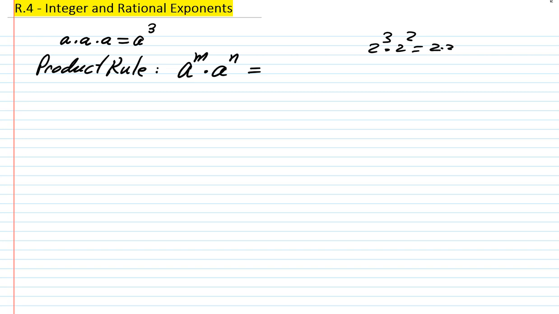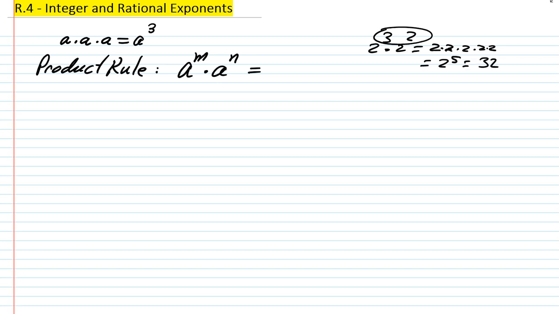One way to get the product is to actually write them out. We can list them like that. 2 cubed means 2 times itself 3 times, 2 squared, 2 times 2 twice. So in all, there are going to be 5 factors of 2, and the answer is 32.